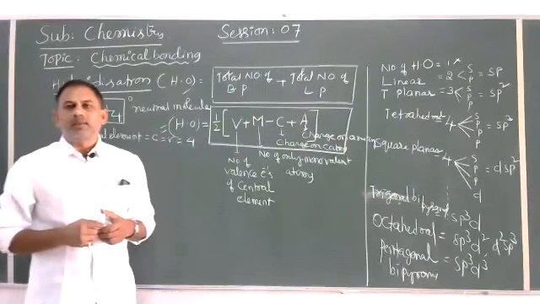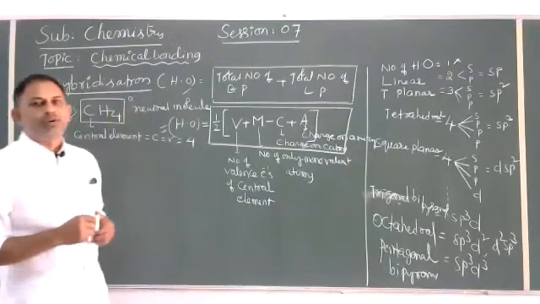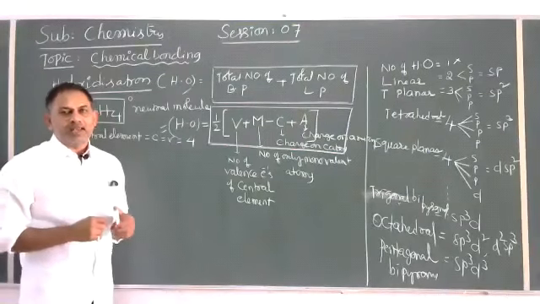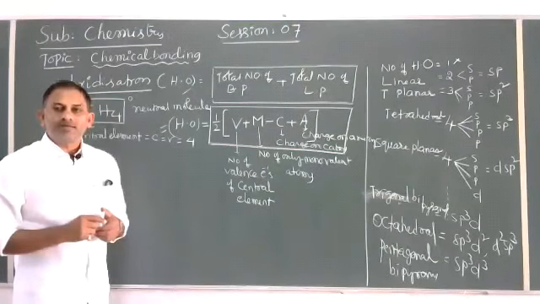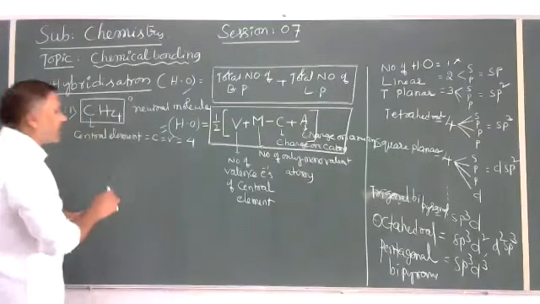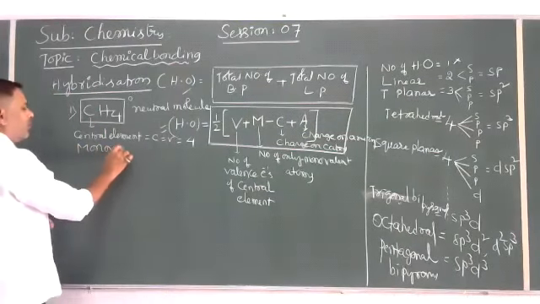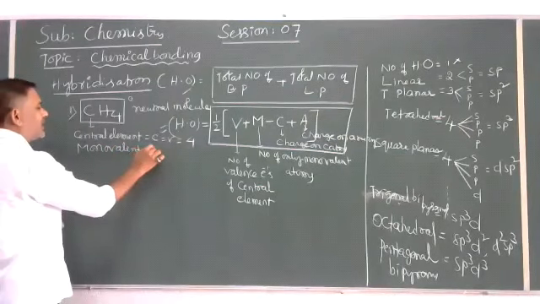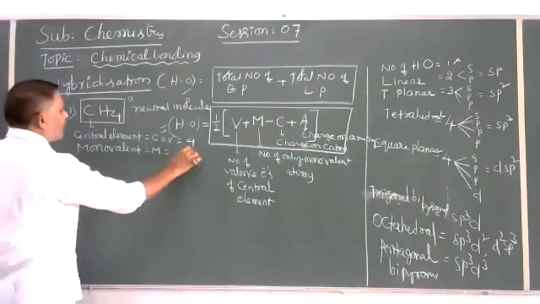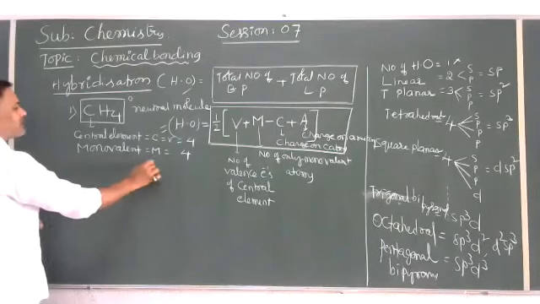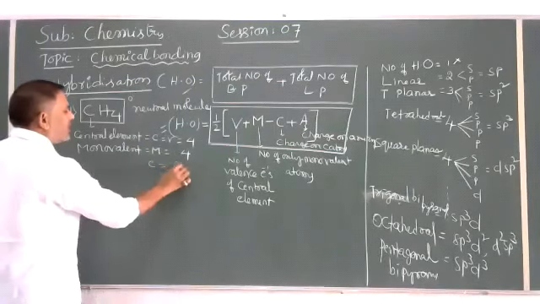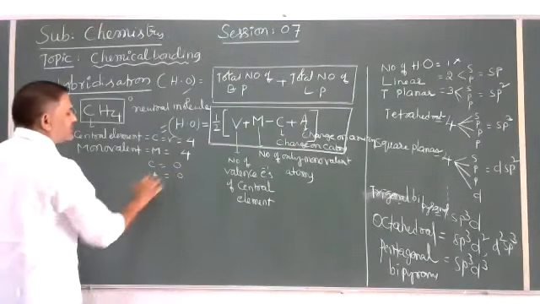Alkali metals are monovalent. Oxygen is divalent, and nitrogen is trivalent. So the monovalent atoms M is equal to 4. The charge on anion is 0, and the charge on cation is also 0.